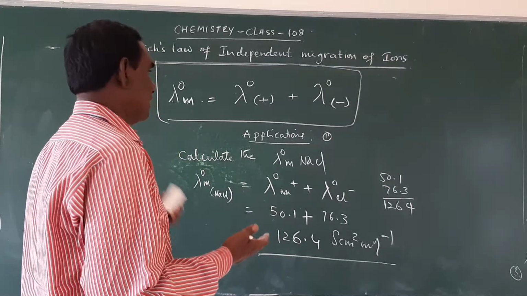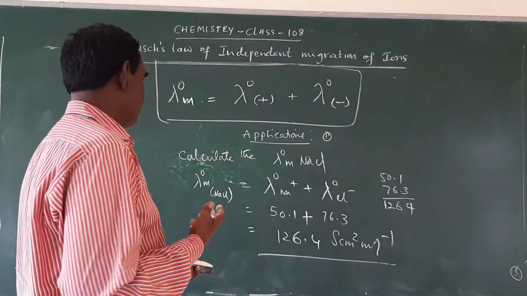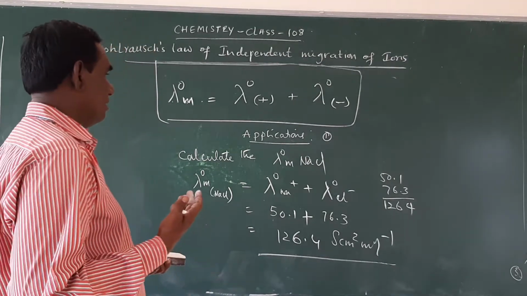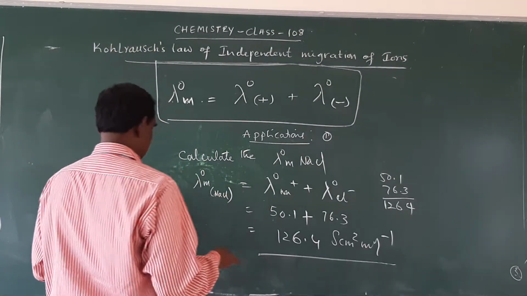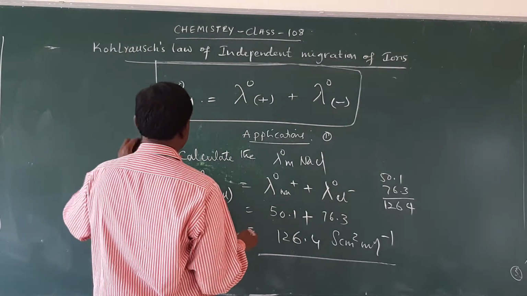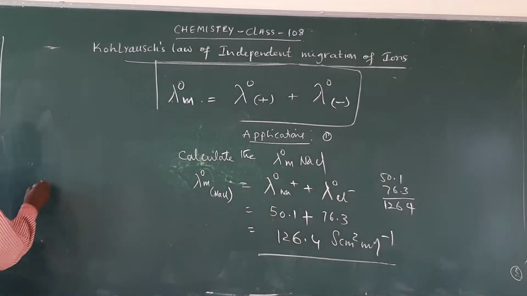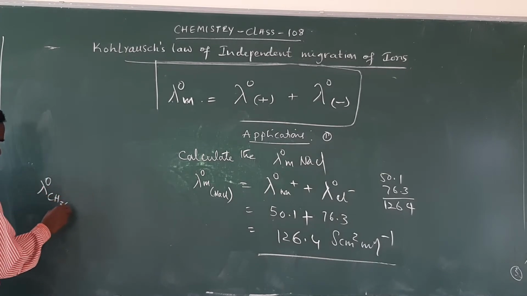So directly we can calculate the lambda naught values for strong electrolytes generally. For example, take acetic acid, CH3COOH.